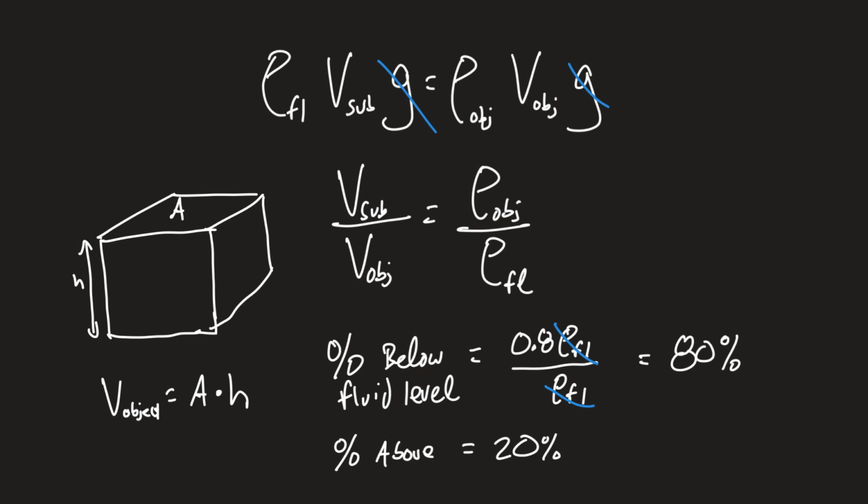It's really the same physics. It's just at the end of the day, you'd sub in here for A times H, and then you can solve for the ratio of these heights or anything else.